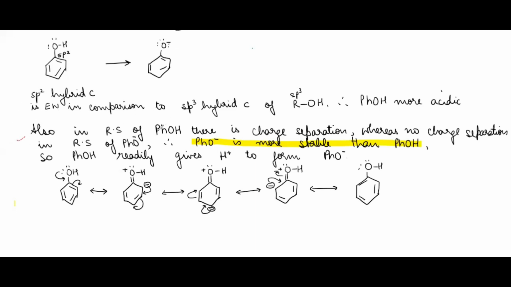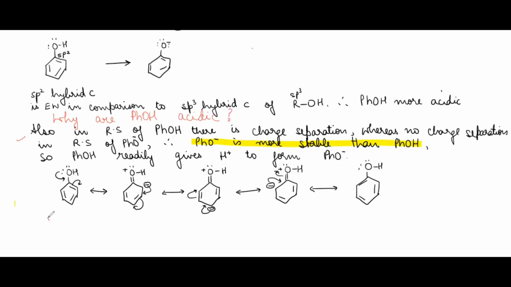Also, in resonating structures, if a question is asked, children, they don't ask you to compare between alcohols and phenols, but they just ask you why are phenols acidic. So if a question is asked why are phenols acidic, you don't have to give any comparison, but you just have to justify why phenols are acidic.